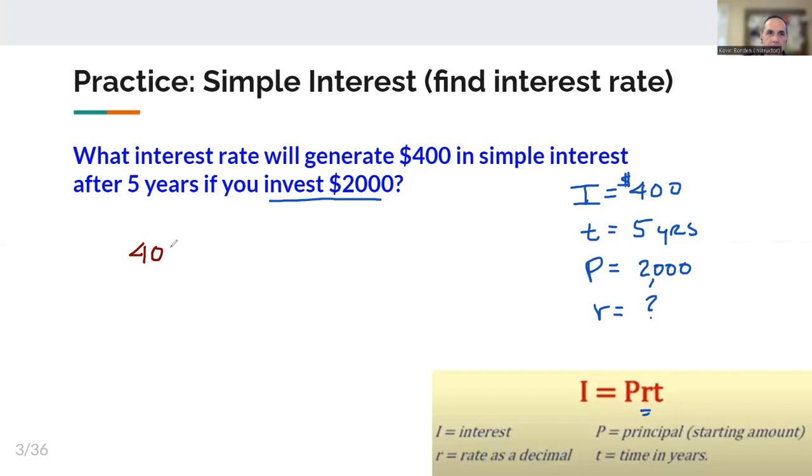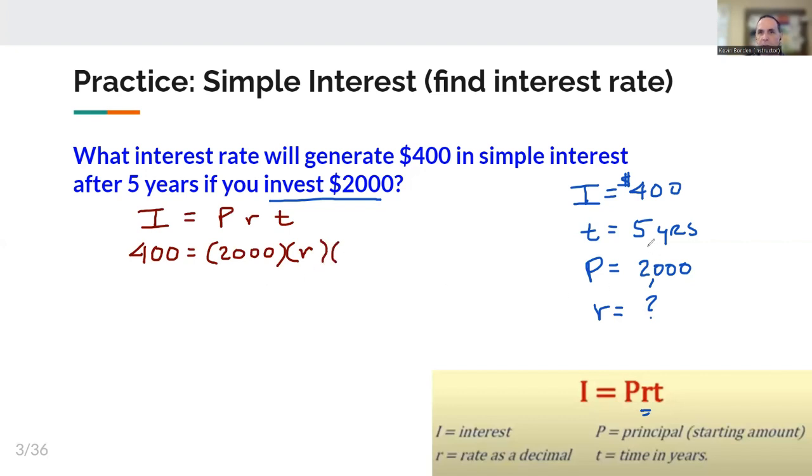Our interest is $400. Interest equals PRT. Our principal is $2,000. I'm going to use parentheses this time. And our rate is what we don't know, so I'm just going to put an R there.